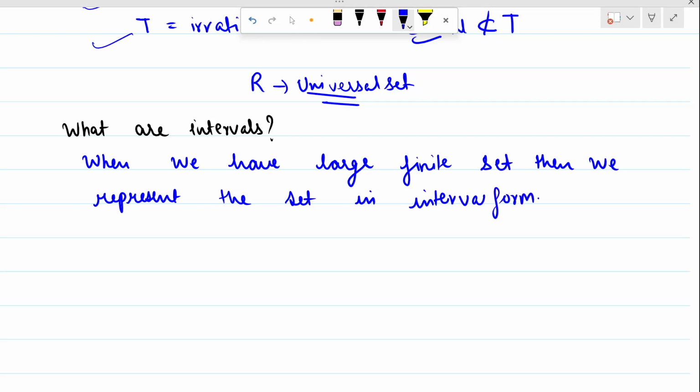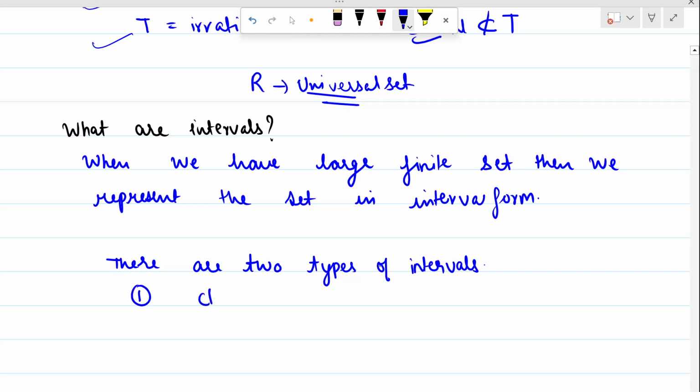There are two types of intervals: closed interval, which is represented by square brackets, and open interval, which is represented by round brackets.